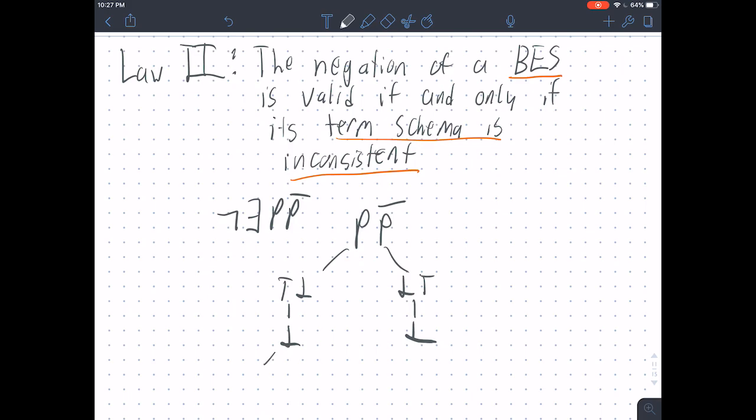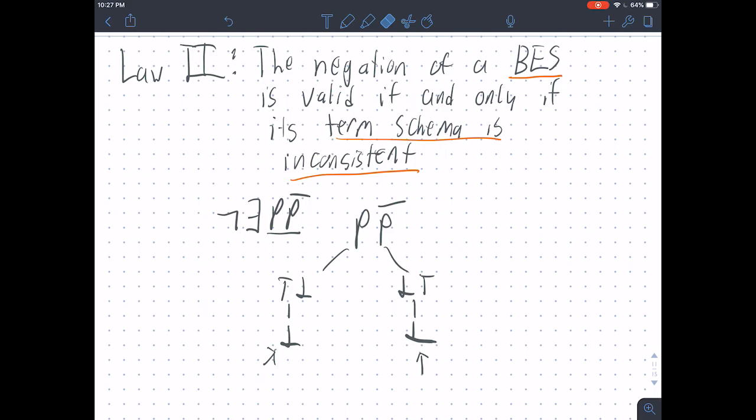Right, our truth value analysis always ends in false. And so we know that the term schema of this Boolean existence schema is inconsistent. And because it is inconsistent, the negation of this Boolean existence schema, the whole thing, is valid, right?